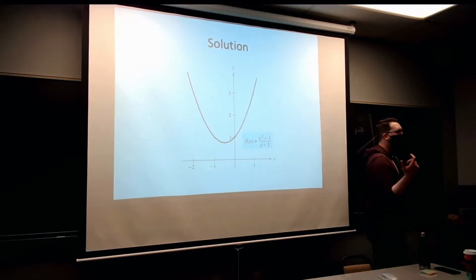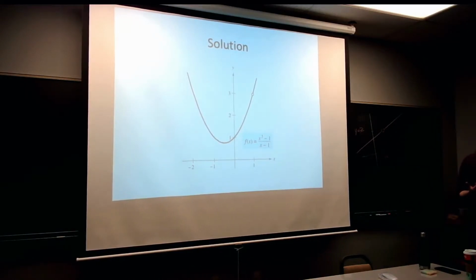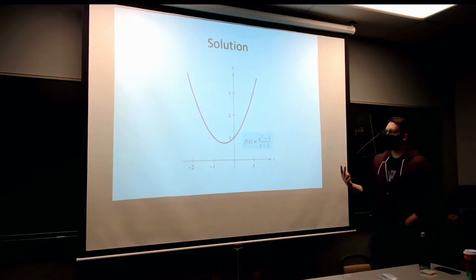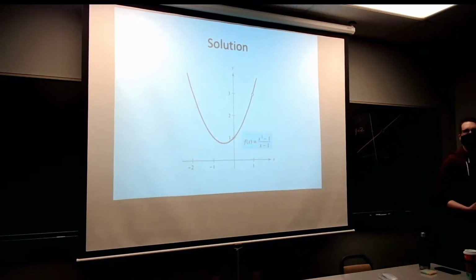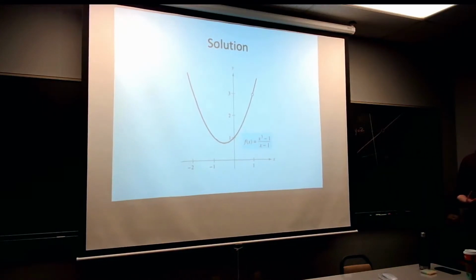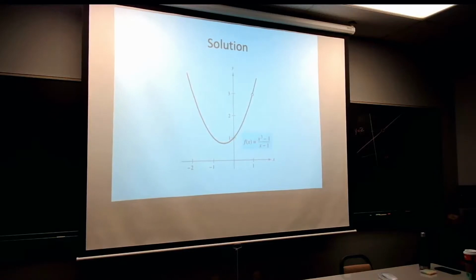We can already see we're going to get a parabola. Agreed? Which means we're going to get a polynomial of the second degree, which means that when we simplify it, we should expect something that looks like that, right? So long division would be a natural first go-to.